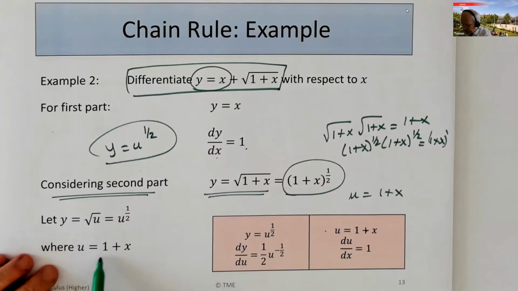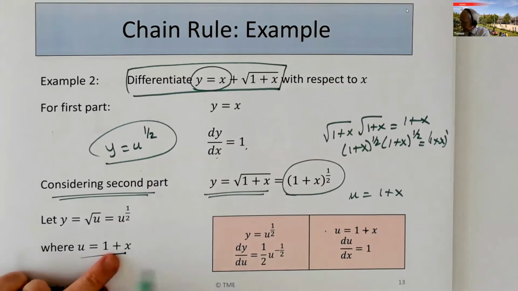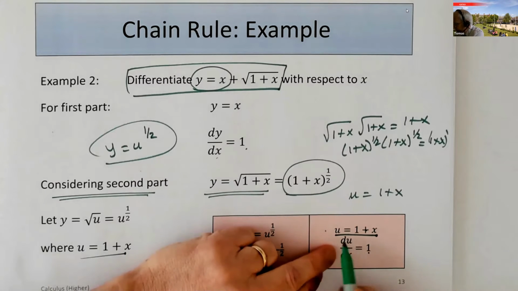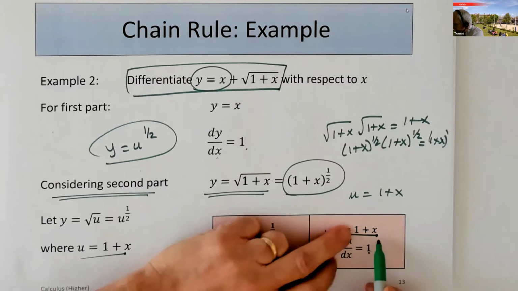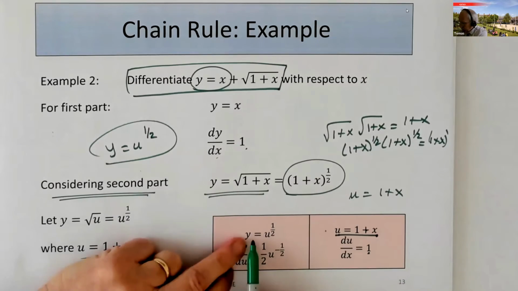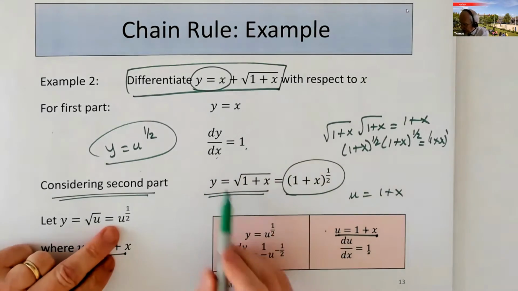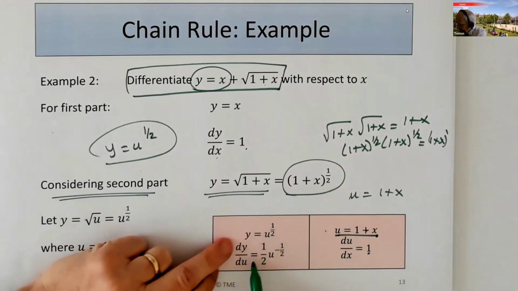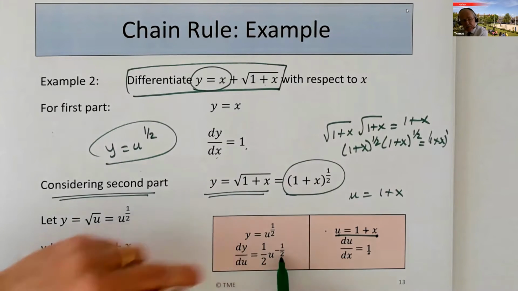So what I'm going to do is let u be 1 plus x. u is 1 plus x, du dx is 1, because if y was equal to 1 plus x, dy dx would be just the 1. y is equal to u to the half, because I've made it just this bit here. So dy du is a half u to the minus a half.